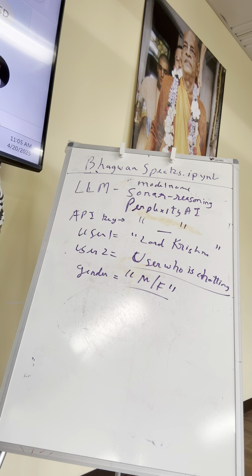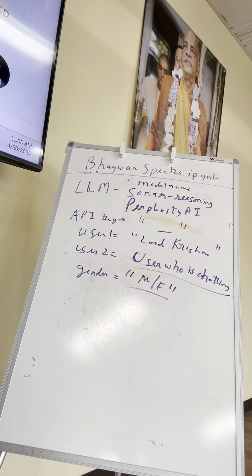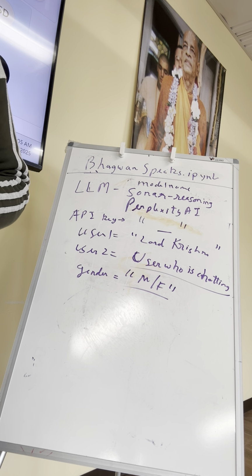Just look at your code. In the first, there is no prompt variable that I am passing. In the second, I am passing the prompt. So in the first, the prompt is actually fixed. You can't change the prompt. In the second, I am giving you an option that you can define the prompt.